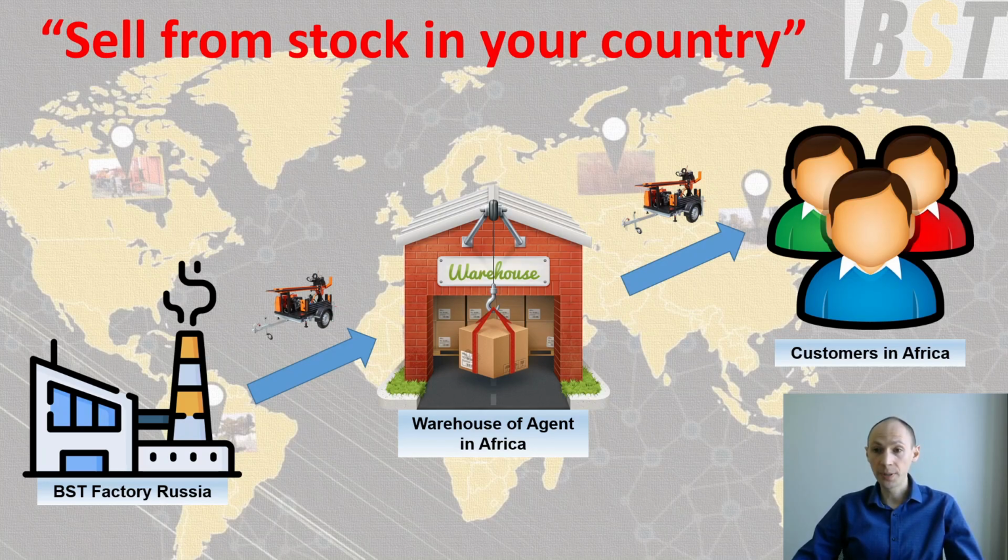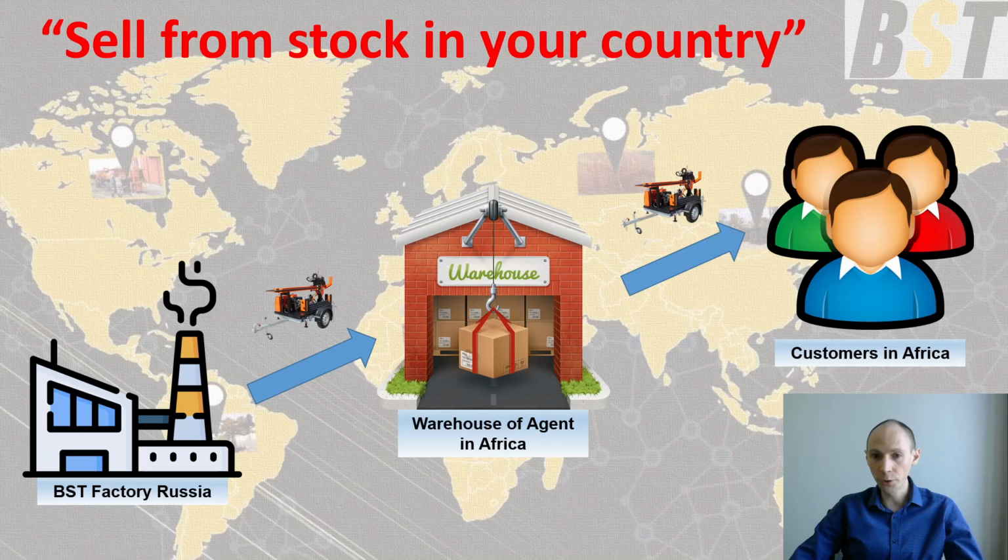And step number 3, when the agent has our drilling rigs locally in his warehouse in his country, he starts selling these drilling rigs to customers in Africa. This will be a great advantage for the agent, for you, because all people who would like to buy the product can visit your warehouse and watch and check the drilling rigs, which will be physically available at your warehouse.